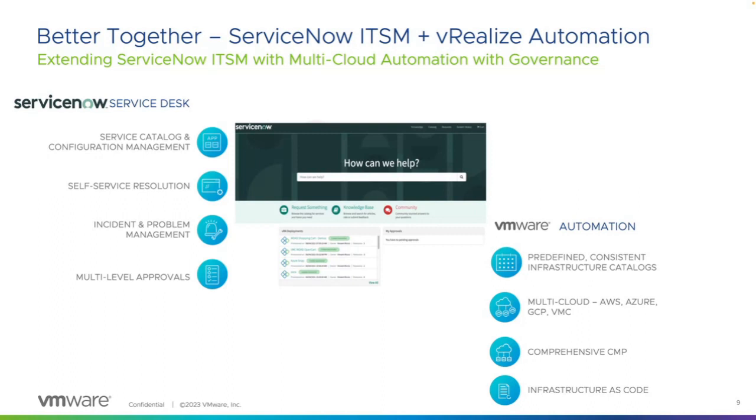This is done through a free plugin that you can get from the ServiceNow store. You configure it to connect to your SaaS instance of Aria Automation, or to your on-prem. You can use a ServiceNow mid-server, I think they call it, and that allows you to connect to the on-prem instance.